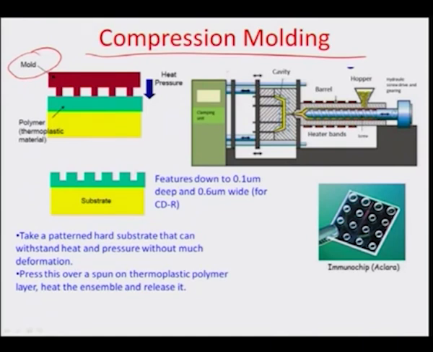And the idea is that once this material is set at a certain temperature value, the mold can be withdrawn back, and that is how you can actually make the pattern transferred onto this substrate. So, that is what compression molding is.